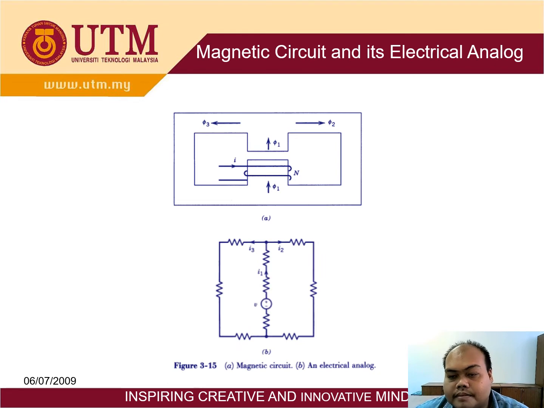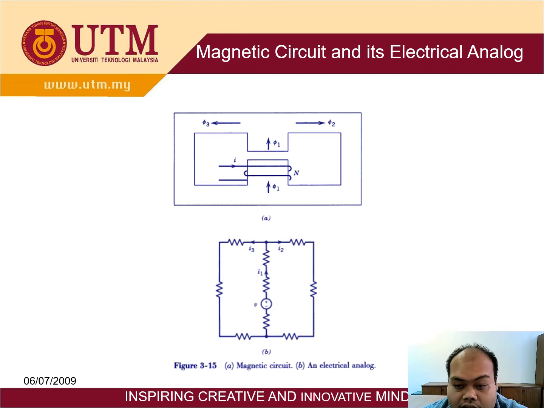So here, the magnetic circuit and its analog. As I mentioned before, you have to change the magnetic circuit into an electrical-like circuit. It's called an electrical analog circuit. It's not an electrical circuit, but it is represented as one, because it is easier to calculate. The last example I showed you only a simple core.